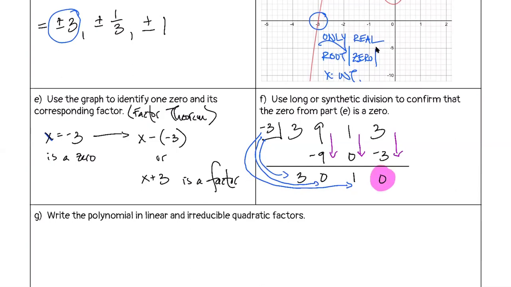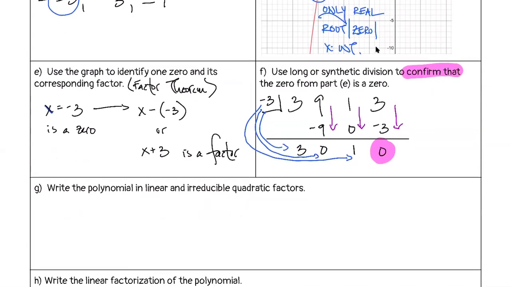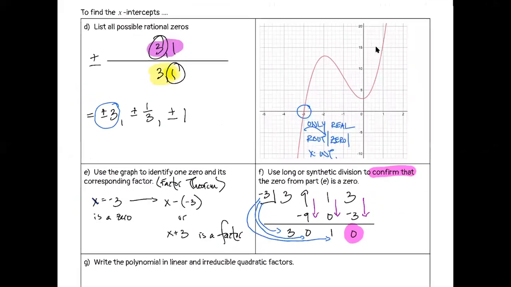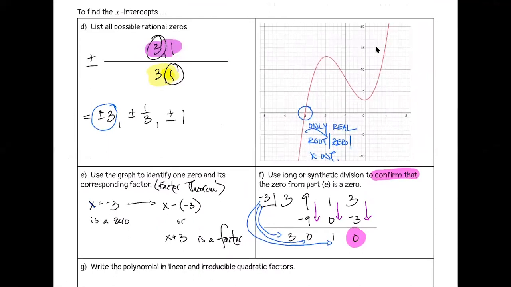Our remainder is a 0. That means we have confirmed that the point we said was a 0 is actually a 0. Okay, questions so far on just parts D, E, and F?